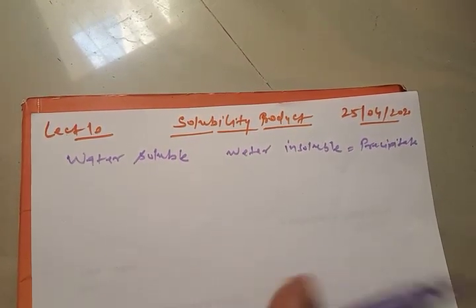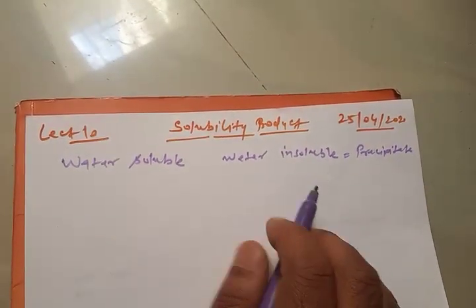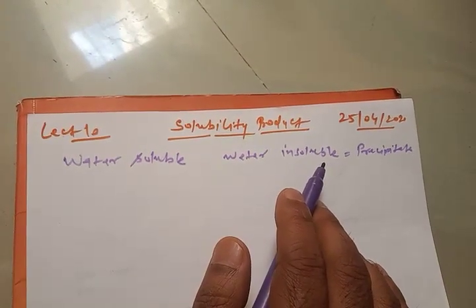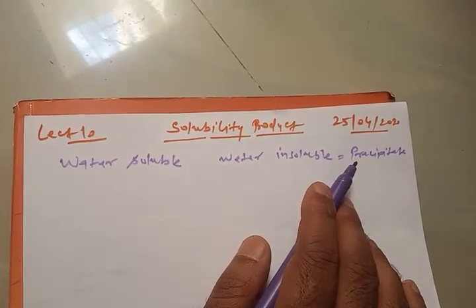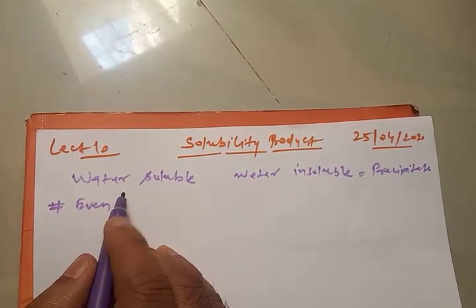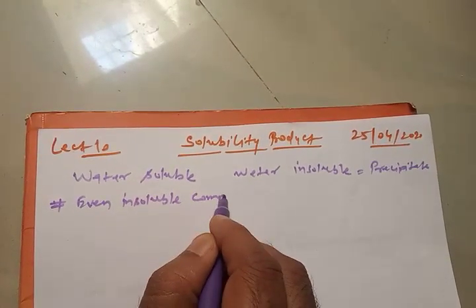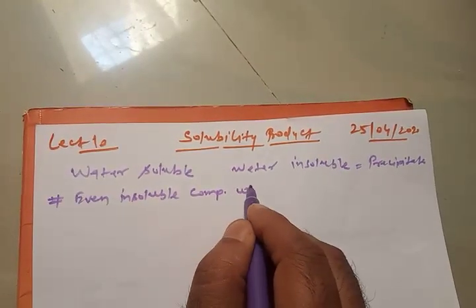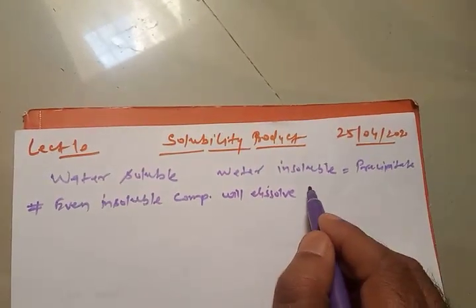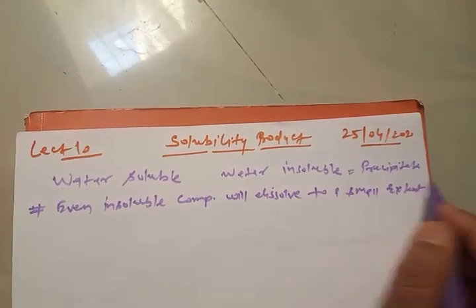Even an insoluble compound will dissolve to a small extent. That means you cannot say that a particular compound is completely insoluble. Even an insoluble compound will dissolve to at least a small extent, or we can say degree.